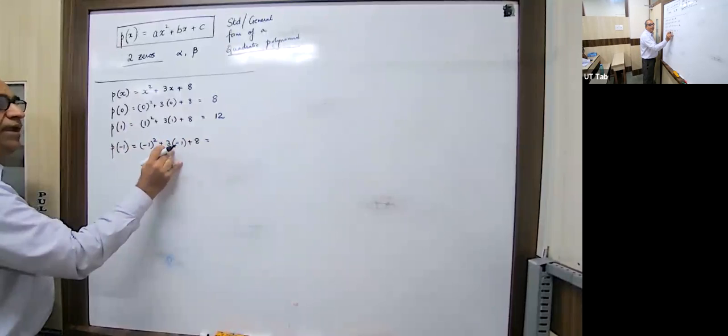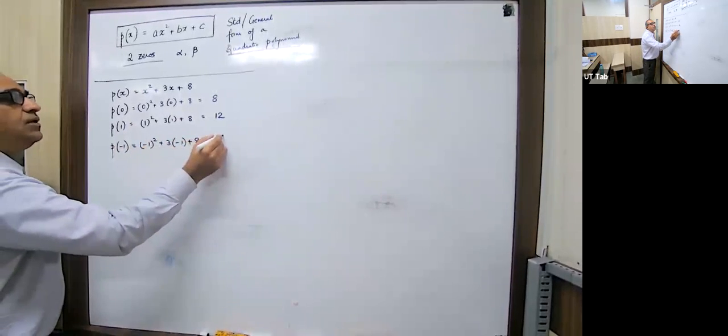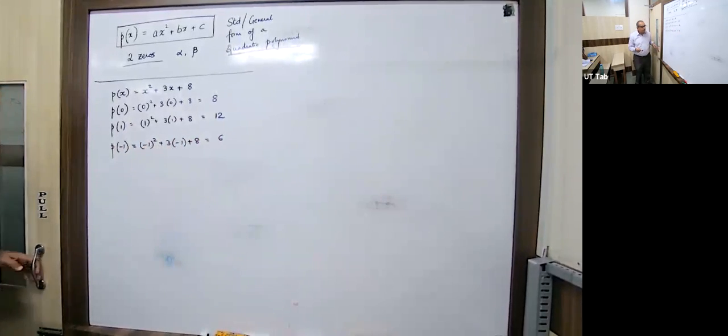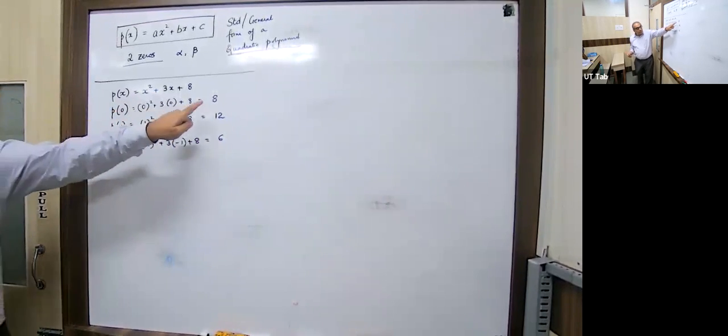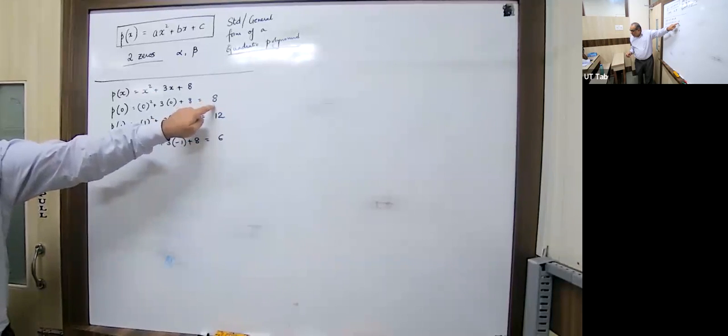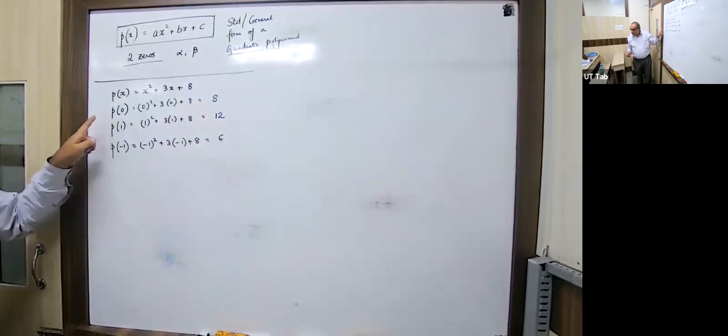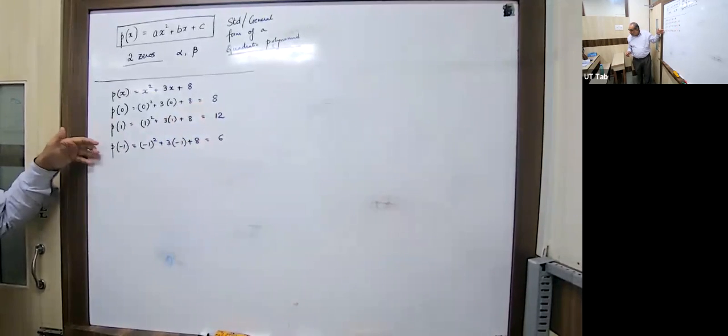This will become 8 minus 3, 5, 5 plus 1, 6. So do you see that this was one polynomial which I gave you? What was left at the end is called a remainder on substituting the values of x. But now we are giving it a new name.